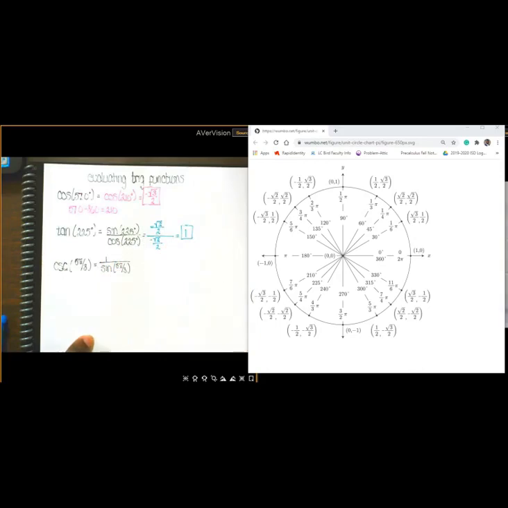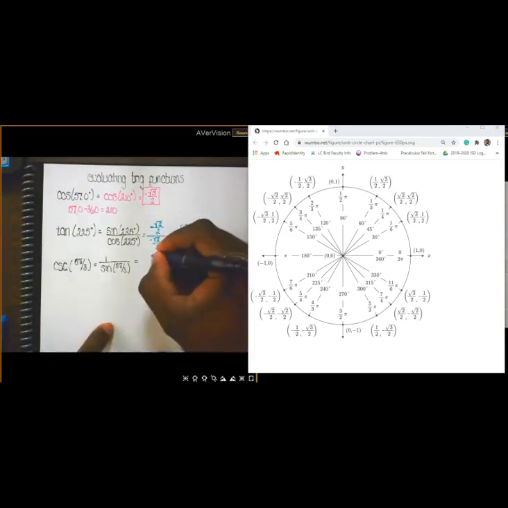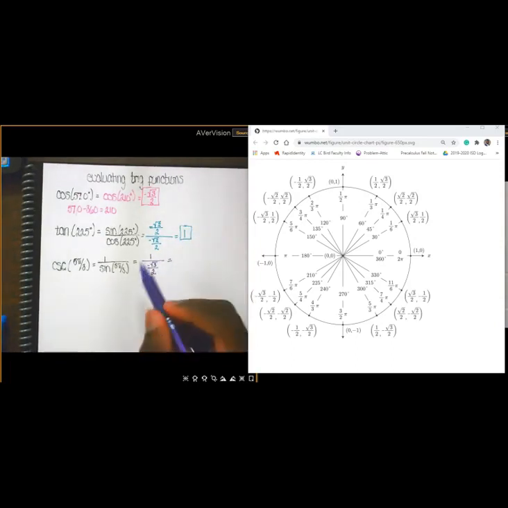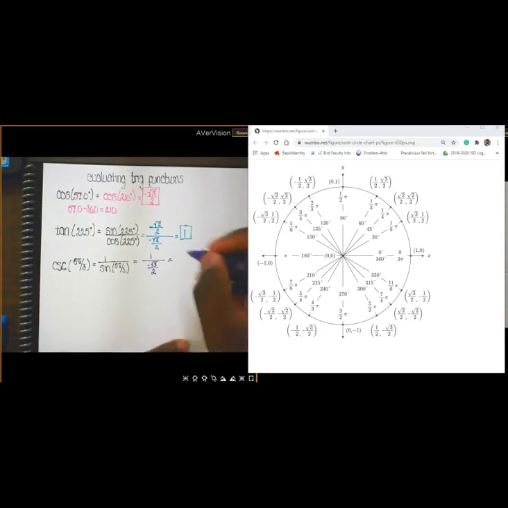So what is sine at 5 pi over 3? How do we get rid of this fraction in the denominator? We flip it and make it a reciprocal.